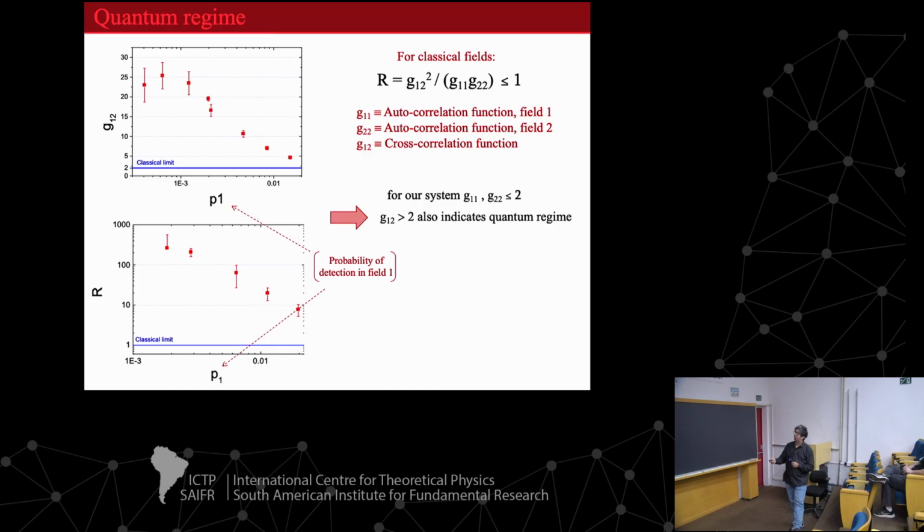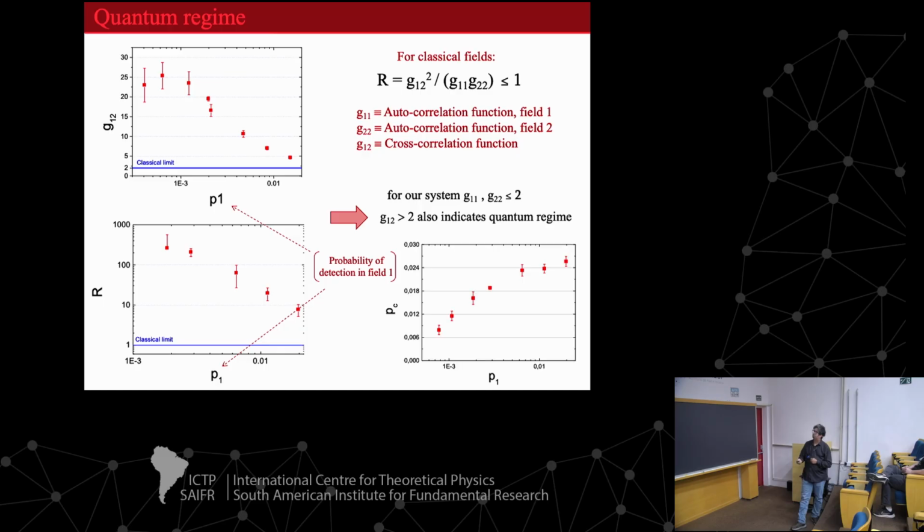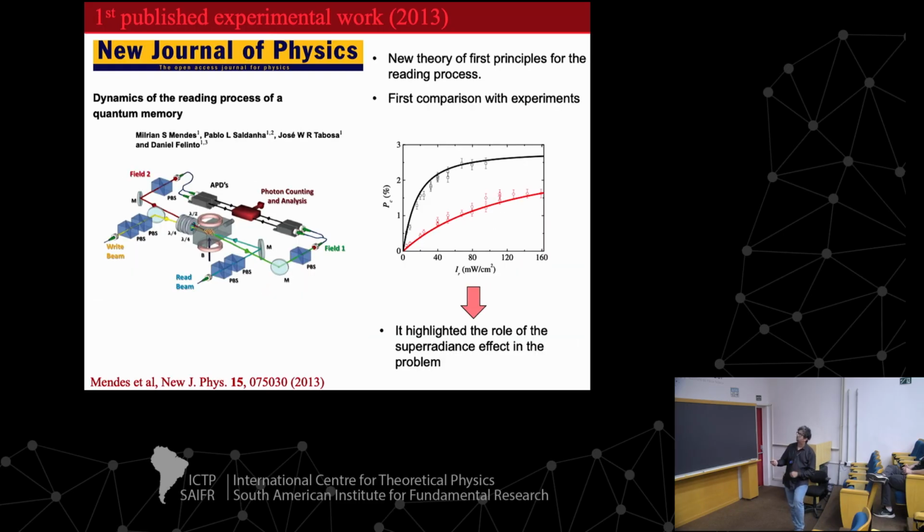And this is the probability to detect a photon in field 1. And this is the probability to extract the photon, to detect the photon once you prepare the state. So the thing is that every time I put a new system to work, it is always a good opportunity to learn a little bit, to do some calibration, and then in the calibration to do characterization and do some theory.